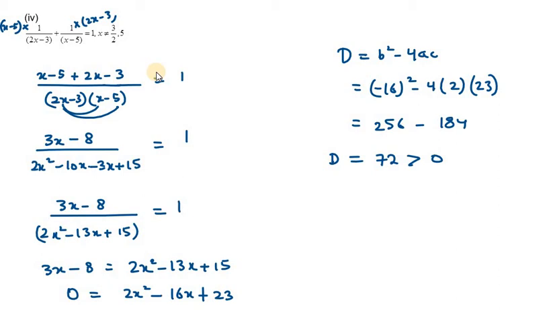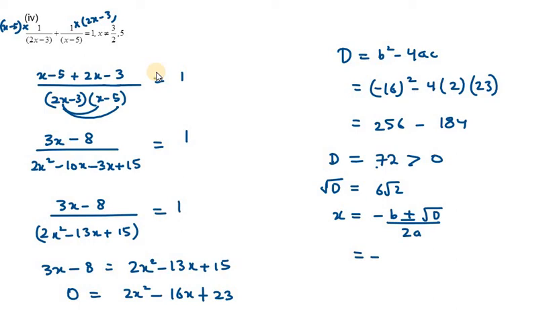So let's find out the roots for it. So 72 can be written as 6 under root 2, under root d. If you take under root on both the sides, you will get under root d as 6 under root 2. So I will put exact value of this in this equation in quadratic formula. So it is minus b.